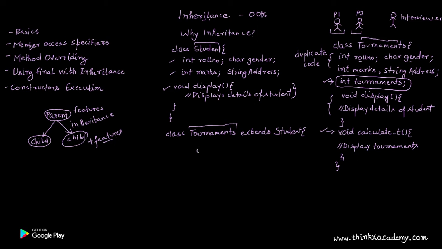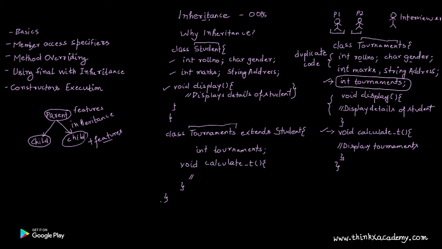So what I'm just going to do here, I'm going to write here int tournaments, and I'm going to define this whole void calculate function here. So this is void calculate tournaments, and here you will display the tournaments.